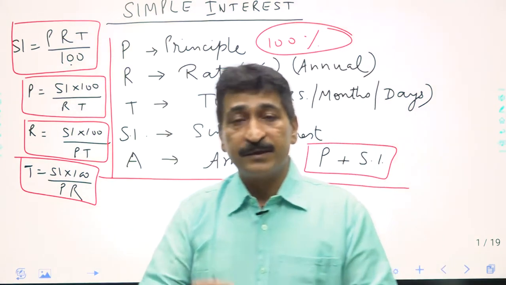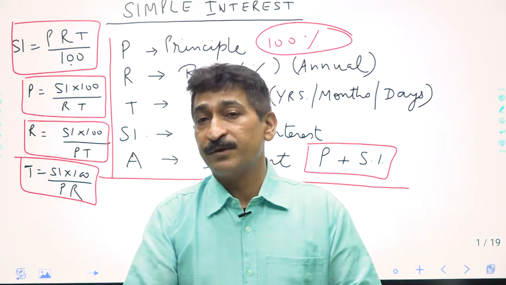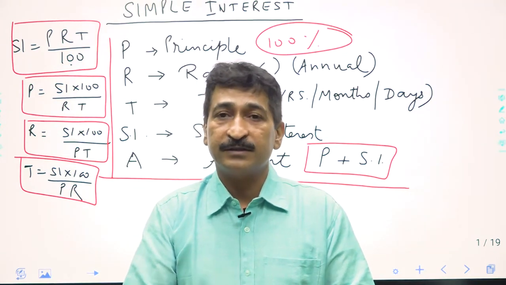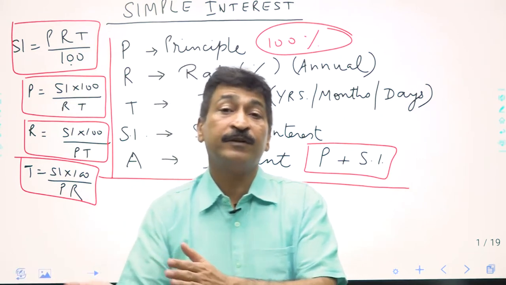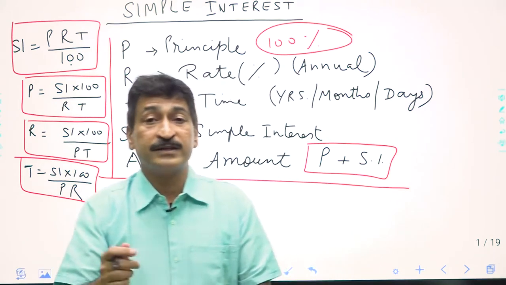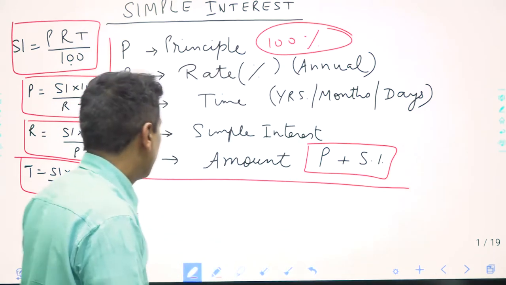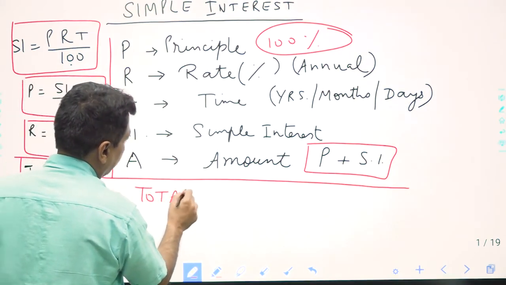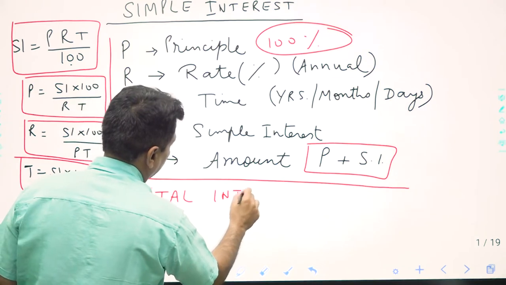Now I am giving some sum to the person on interest, that is 100%, and any interest that is calculated will be on 100%. Now what is calculated? Total interest. What is total interest? Today I will name this value total interest.